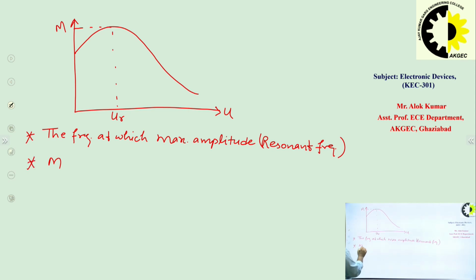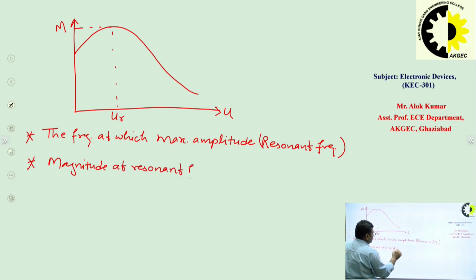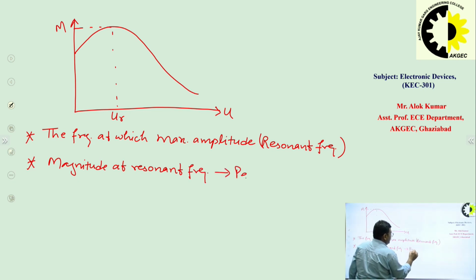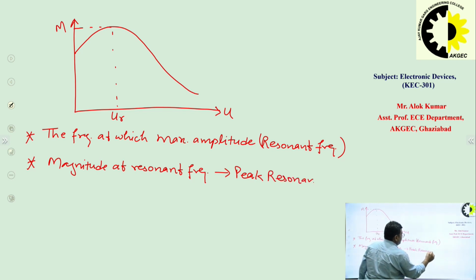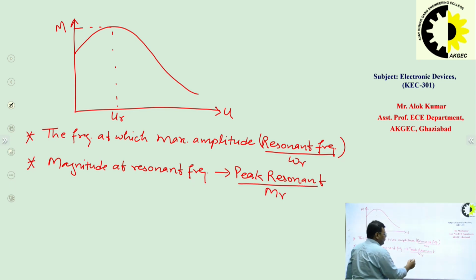Second point is the magnitude at resonant frequency, it is called the resonant peak. We represent the resonant frequency by omega r, and the resonant peak by Mr. So we will derive the value of Mr and omega r.